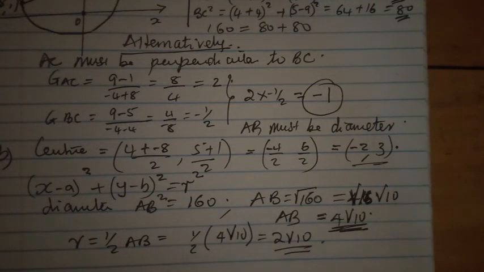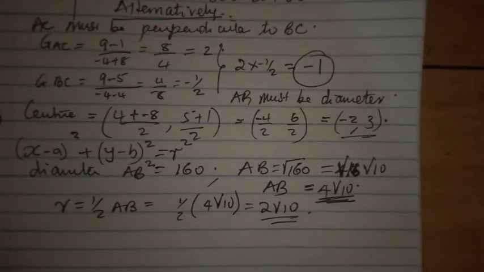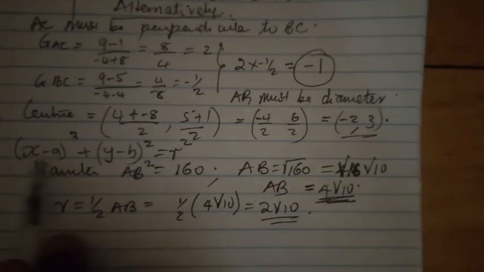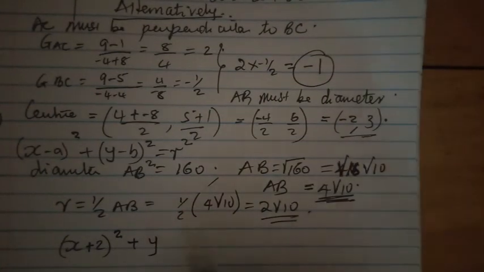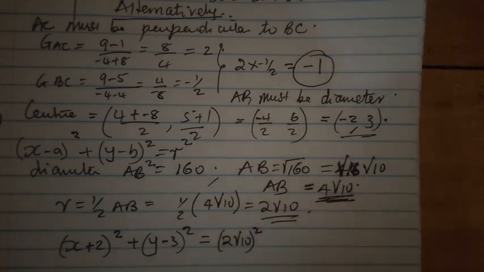Now, if you want to get the equation of the circle, you just employ it here: (x minus a) squared, our a is minus 2, which is plus 2, squared, plus (y minus b) squared, and our b is 3, so (y minus 3) squared, equals r squared, and r is 2 root 10 squared.